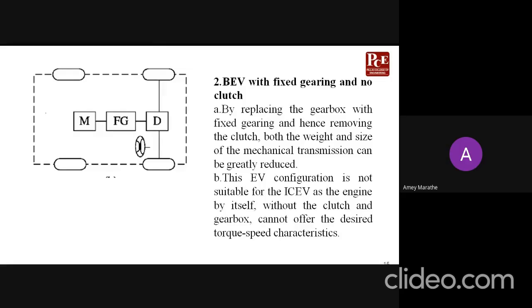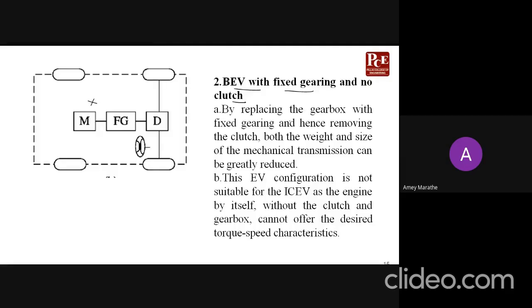The second configuration is the battery electric vehicle with fixed gears and no clutch. Now you see we are improving from what we started with. We started with simply replacing the engine with a motor. Now we are doing away with the clutch.